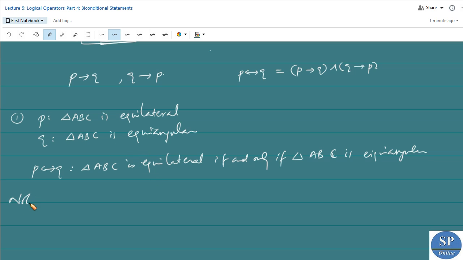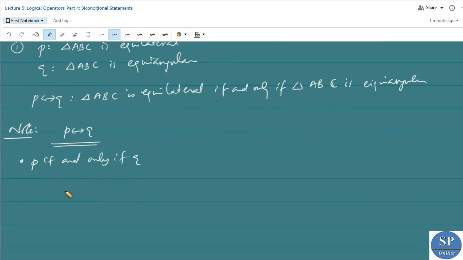Note that here also we can use more than one terminology to express P if and only if Q. For P if and only if Q, we can use these terminologies. First one is P if and only if Q. Another one is if P then Q, and conversely.